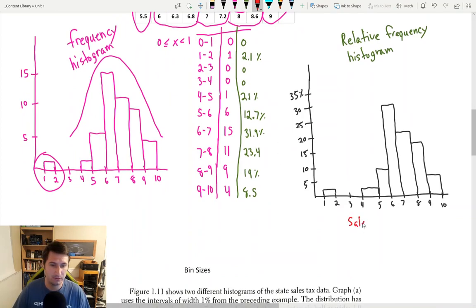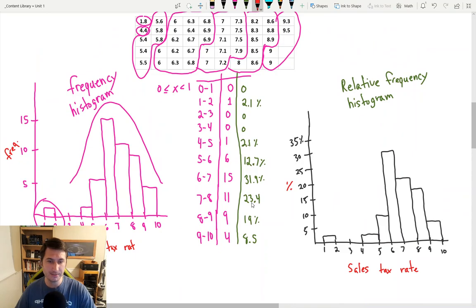And then over here we have our percent, and again, sales tax rate. But this time we have actual frequency on that side. All right, so that is the basic way to make a histogram.